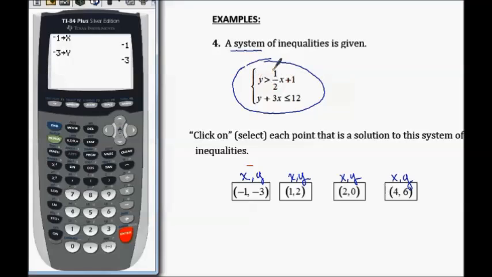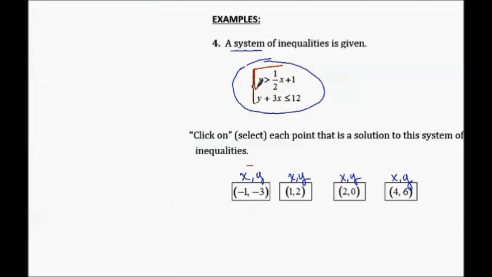So what we're going to do is work with the first inequality one at a time. I'm going to type each side of the inequality. The y on the left side of the inequality is just the y value here, negative 3.